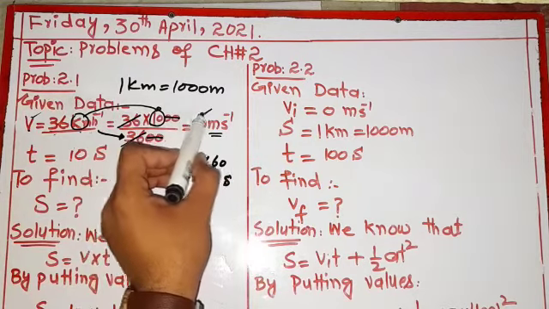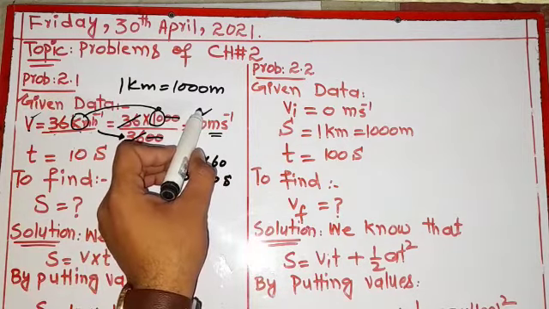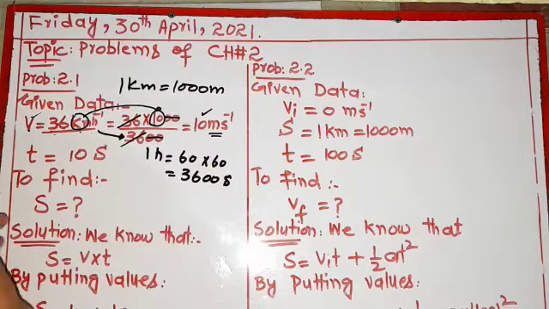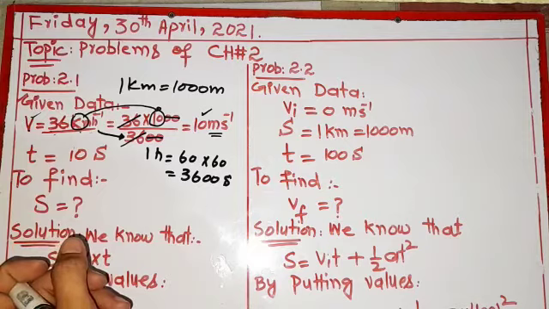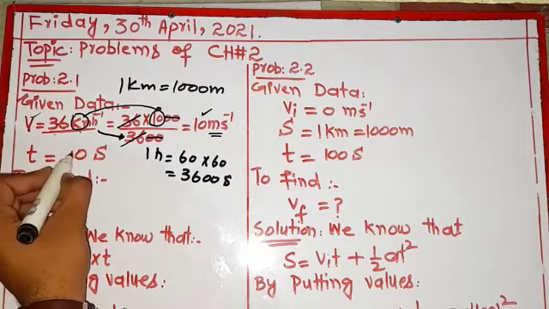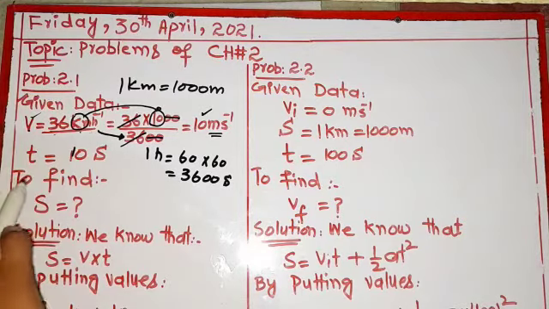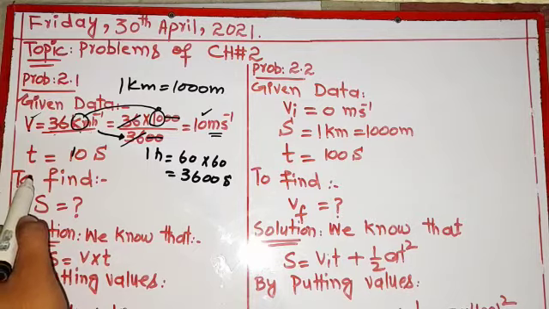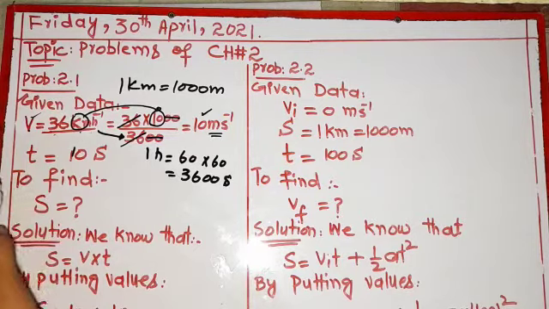This is also in your MCQs of chapter number 2. Now, from the data, the time is 10 seconds. We have to find the distance that the train traveled.